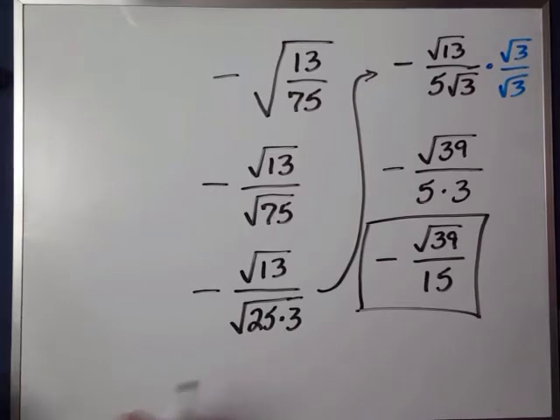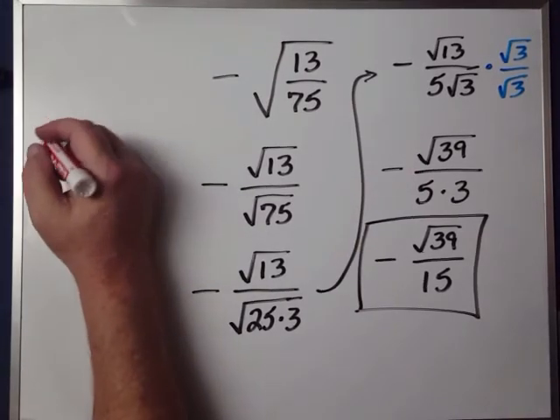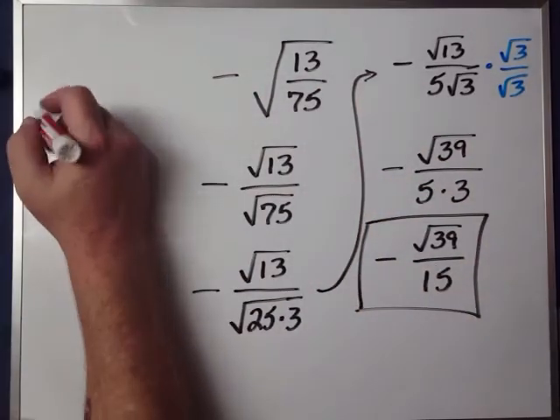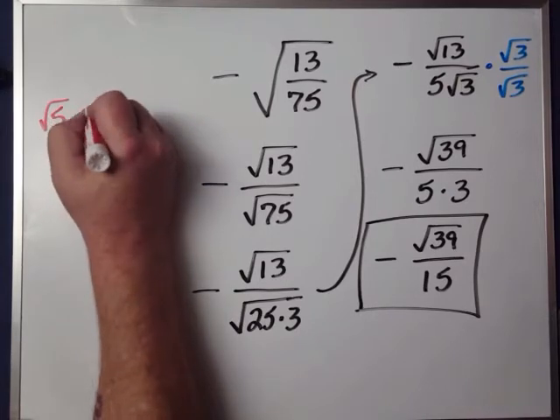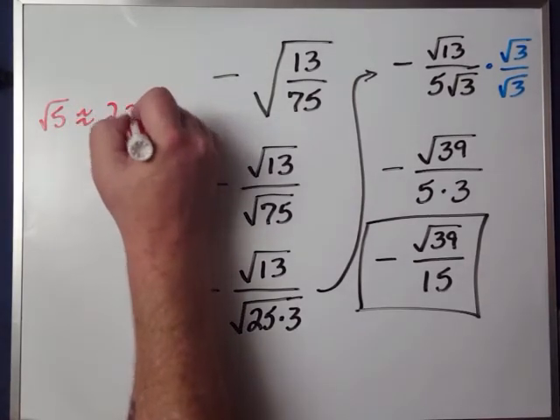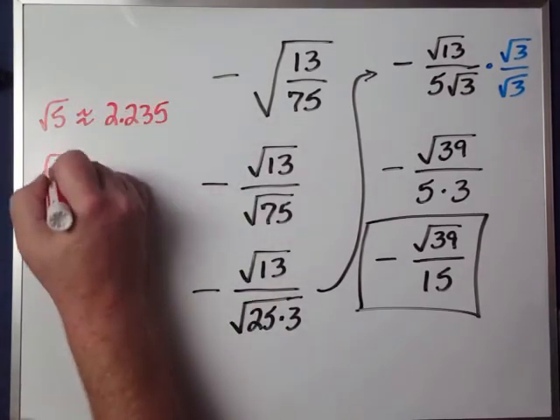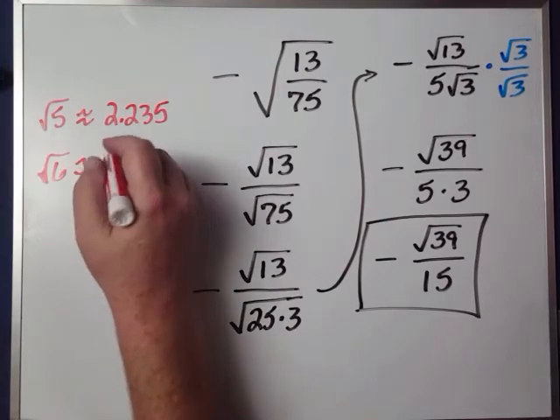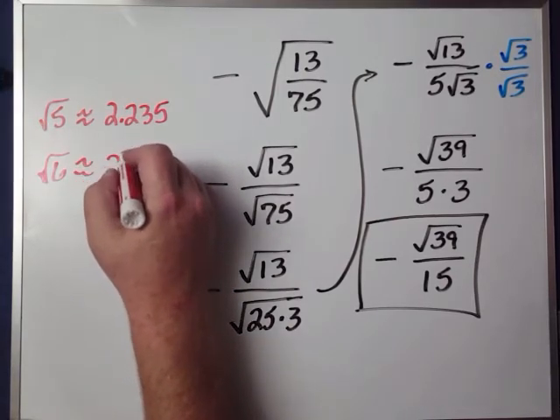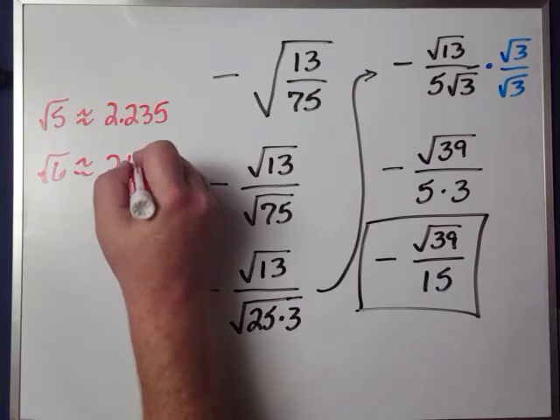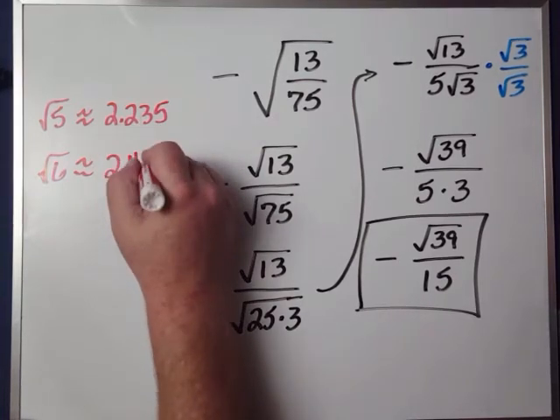Just a moment ago, I said the square root of 6 I thought was about 2.235. I've been pondering that this whole time. No, that's the square root of 5. Square root of 5 is about 2.235. Square root of 6 is about 2.449.